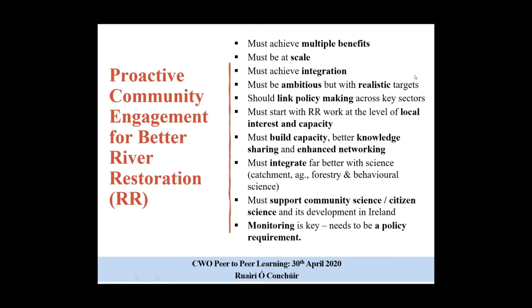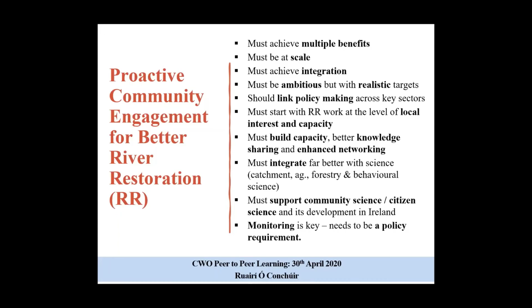So you work with the abilities and the capacities of the parties involved. But it's all about building capacity, and I'll touch upon this a little bit later. It's about that idea of building community science, catchment science, and citizen science, and obviously monitoring the whole way through.